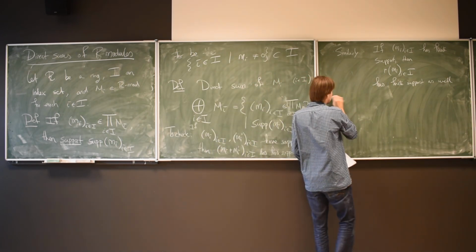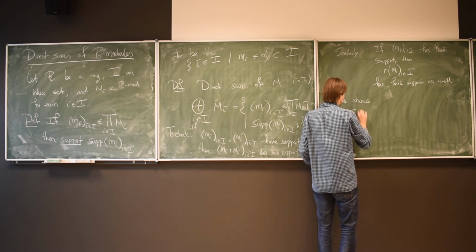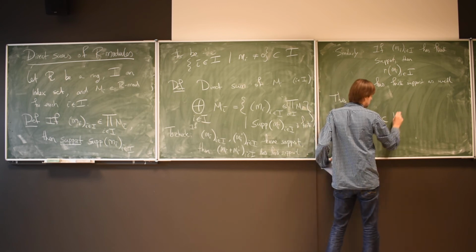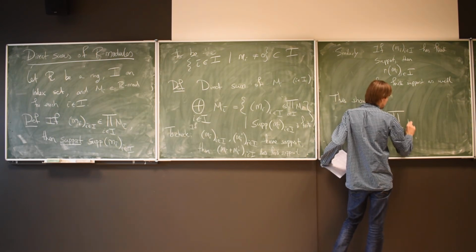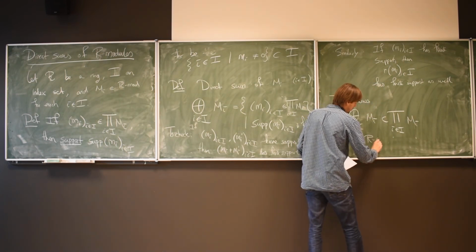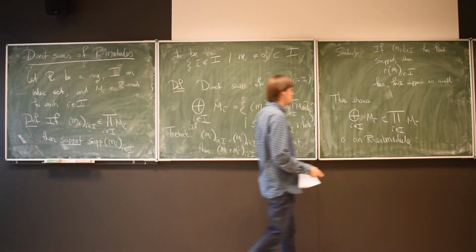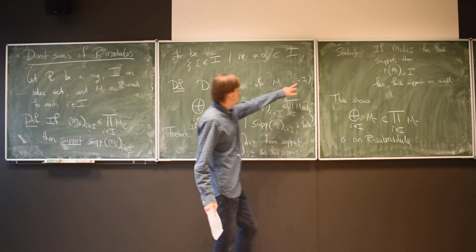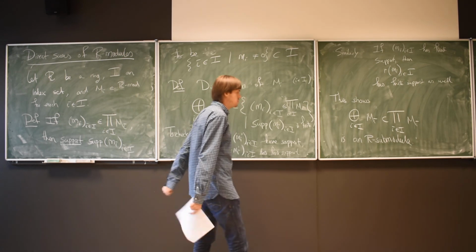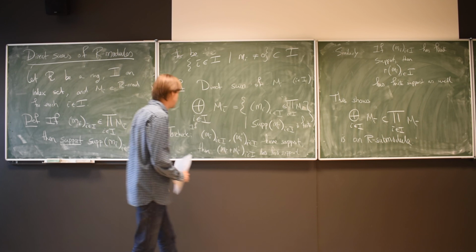So this shows that the direct sum is an R submodule. And of course, if this set I is infinite and these modules Mi are almost all non-trivial, then this is really a strict submodule. It's really a smaller thing.